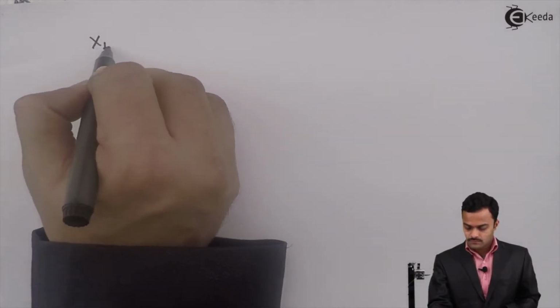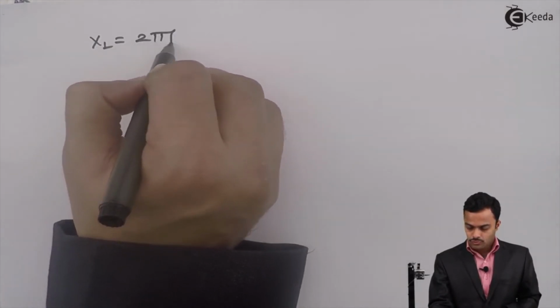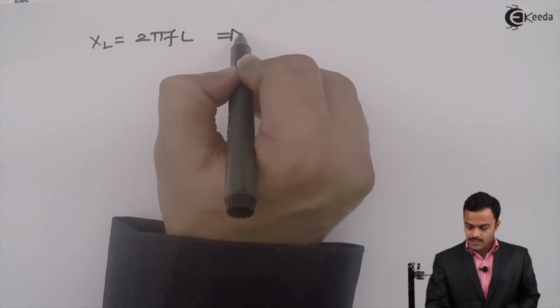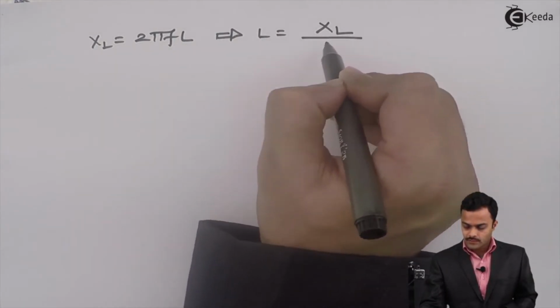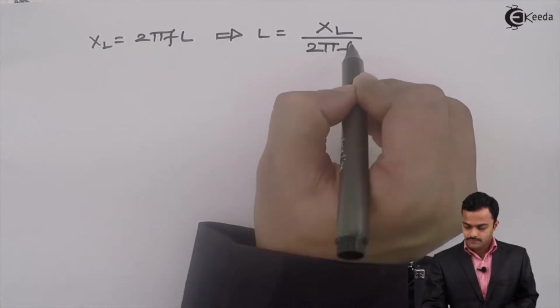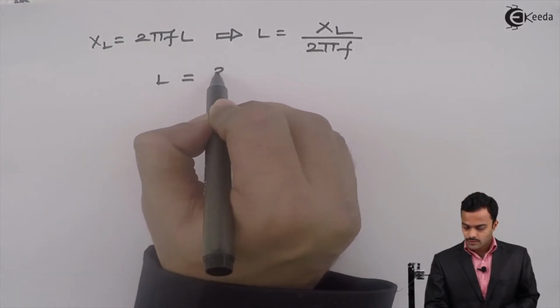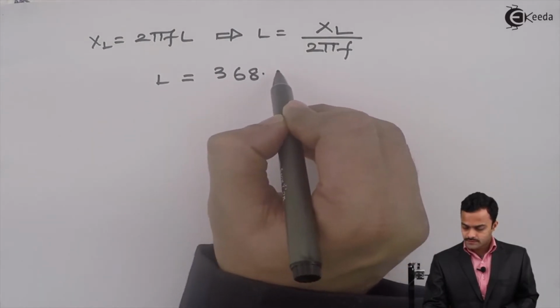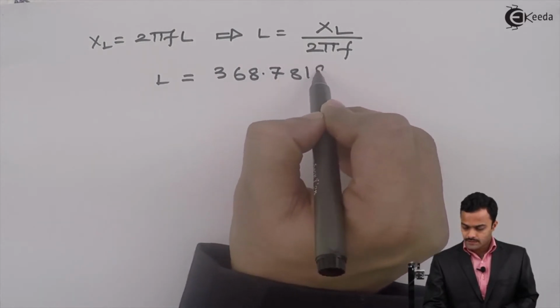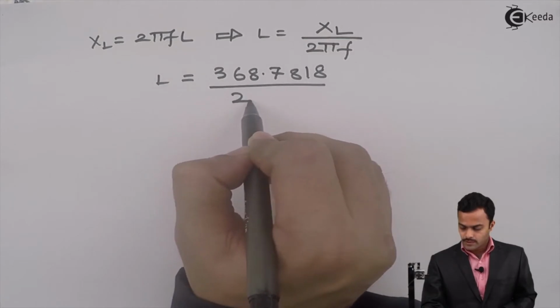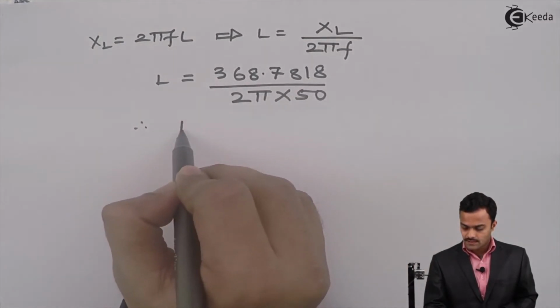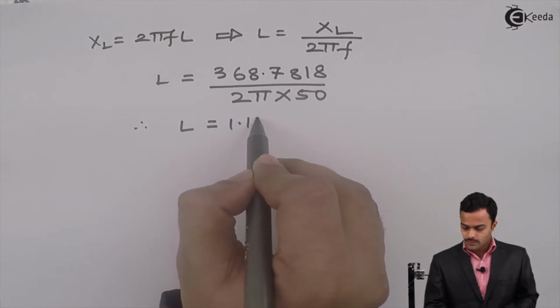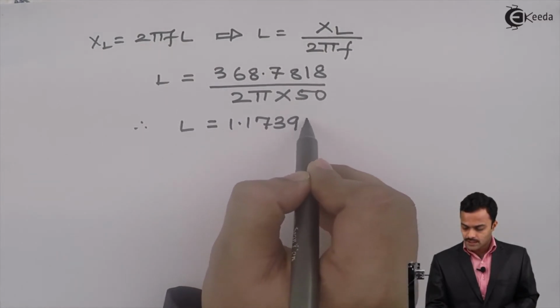We know the relationship XL equal to 2 pi FL. This implies L equal to XL divided by 2 pi F. So L equal to 368.7818 divided by 2 pi, frequency is 50 Hz, hence L will be equal to 1.1739 Henry.